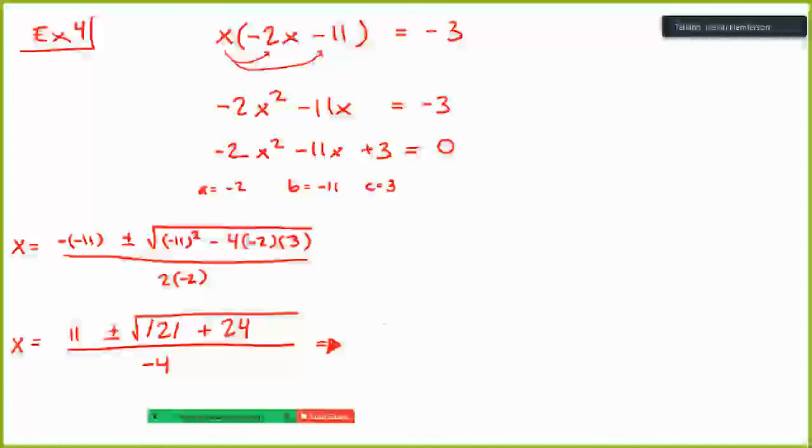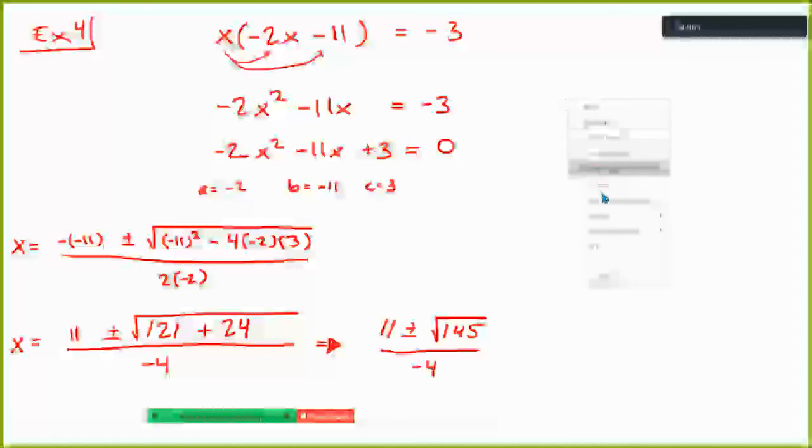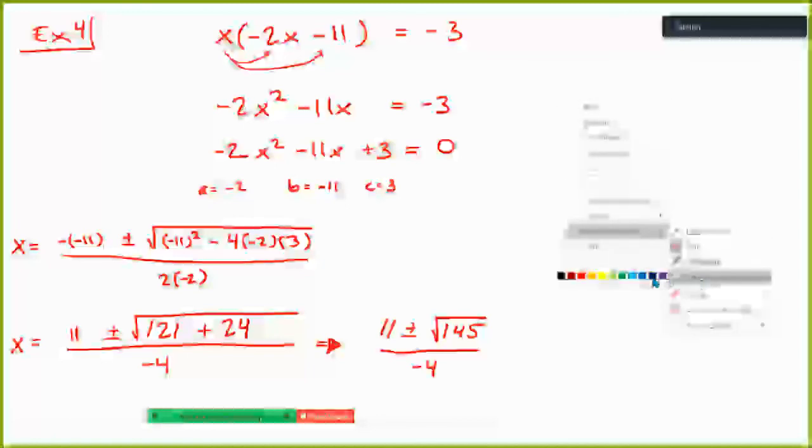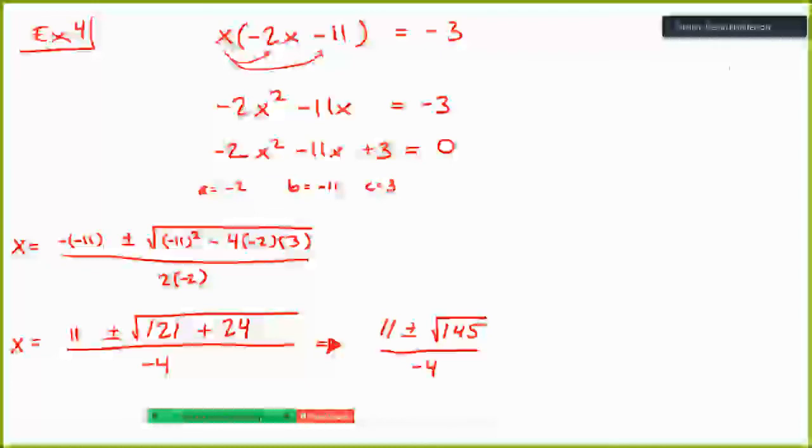So we have 11 plus or minus the square root of 121 plus 24, which is 145, over negative 4. Okay, let's try cleaning up the root 145. In purple, I'm going to clean that up on the right side. 145, try breaking it down.